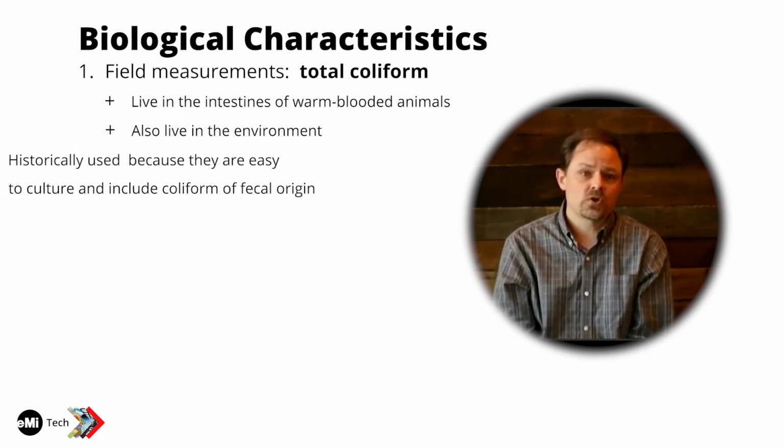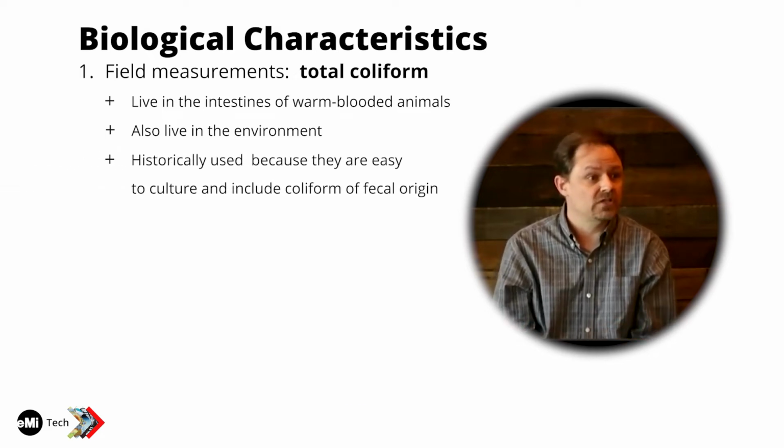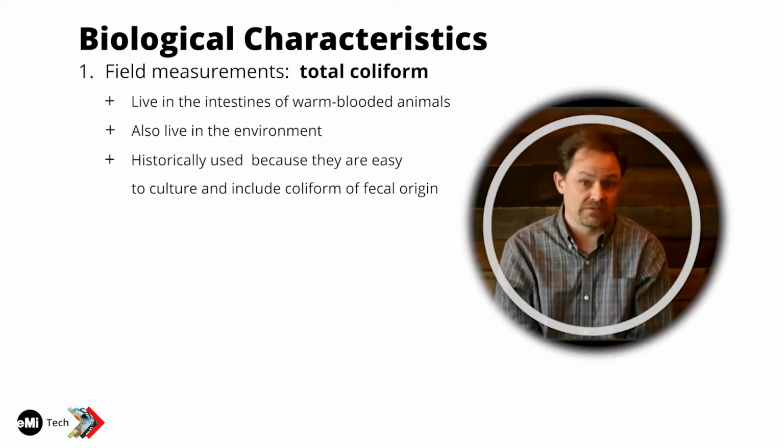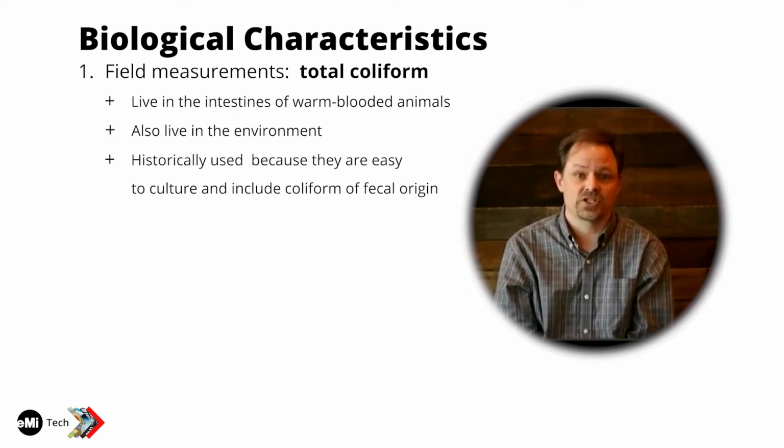So they were historically used because they are found to some extent in the intestines of humans. Therefore, it does sort of potentially indicate some connection to fecal contamination. And also generally they're easy to culture, easy to grow.